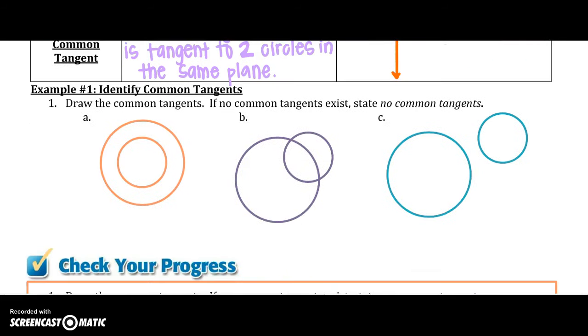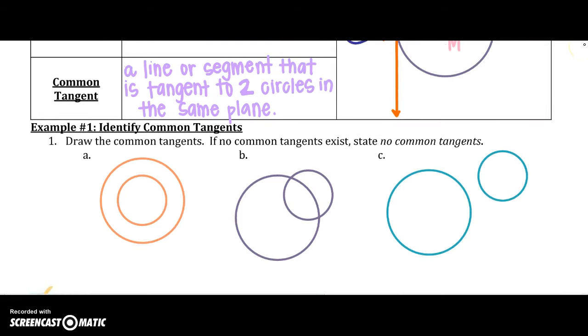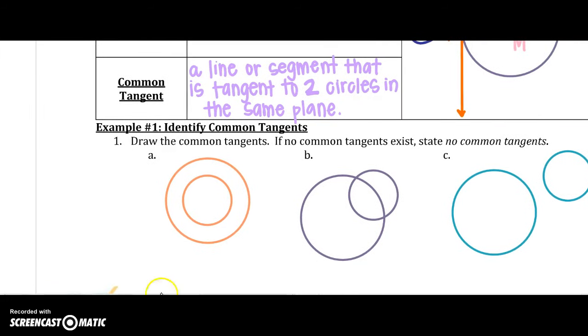So we have three different examples here. Draw the common tangents. If no common tangents exist, state no common tangent. So a line or segment that is tangent to two circles in the same plane. If you look at A, remember a tangent can only intersect the circle at one point.